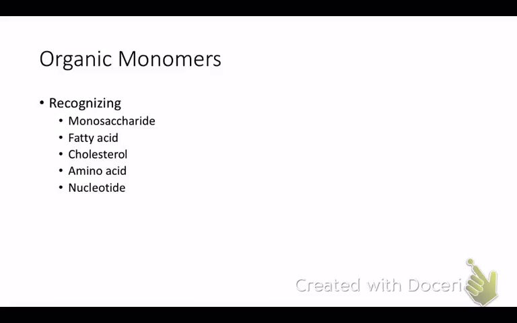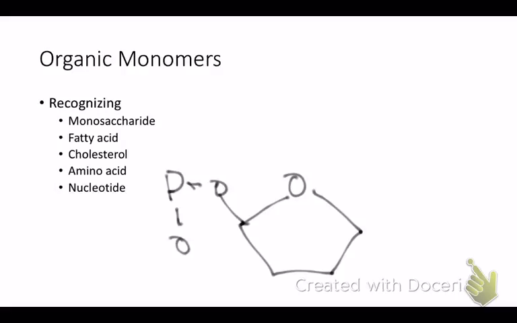Okay, and then our last monomer was the nucleotide. Do you remember the parts of the nucleotide? Pentose, phosphate, nitrogen. Okay, so we had a pentose like ribose or deoxyribose, right? We stuck a phosphate on that, and then we had a nitrogen base attached to that.